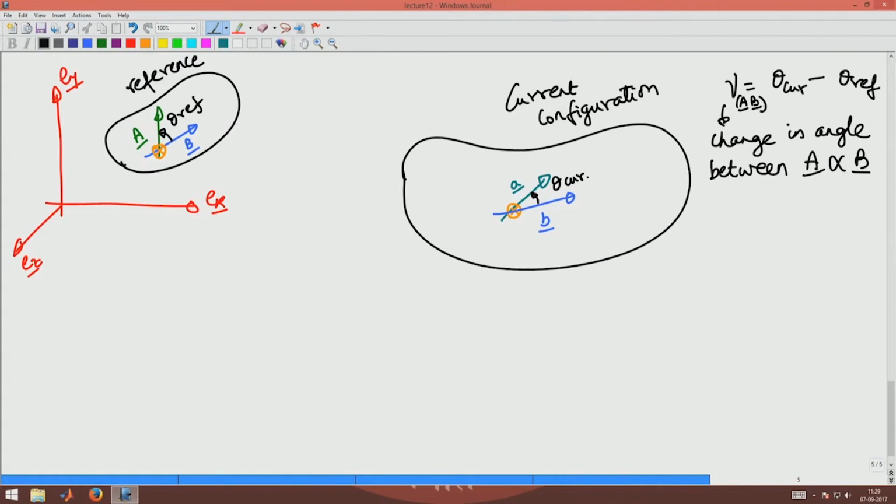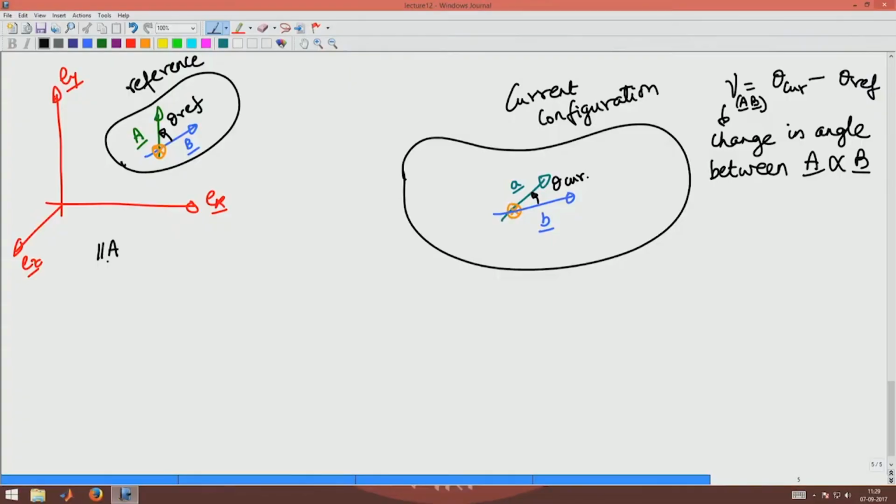Now, how do you find the angle between two direct line segments? I can use the dot product to find the angle between two direct line segments. In particular, norm of A will be equal to norm of B equal to 1, because they are unit line segments along that direction.